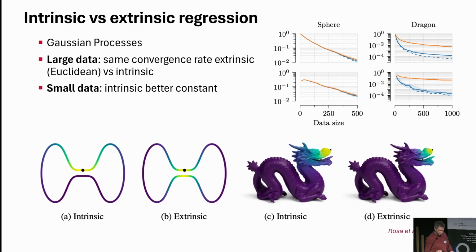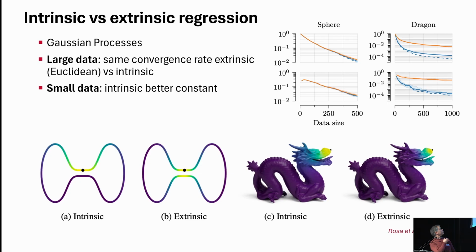But first, let me highlight this interesting paper that I found a couple of years ago, which is about doing regression intrinsically or extrinsically. So what's the difference? In principle, suppose that you have a dragon here or this kind of double ring. So you have a field and you want to interpolate this field on this complex geometry.